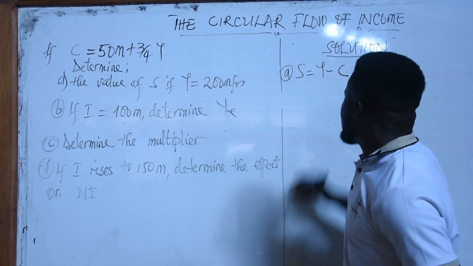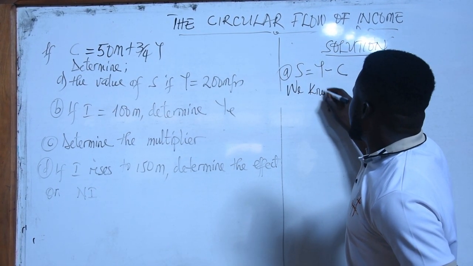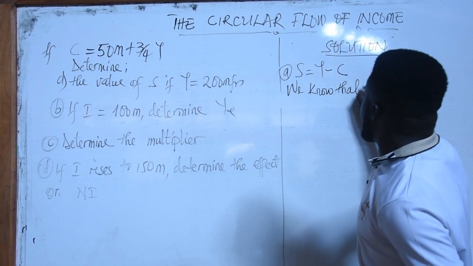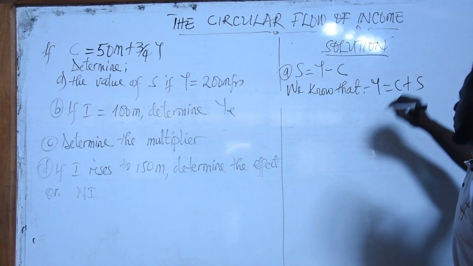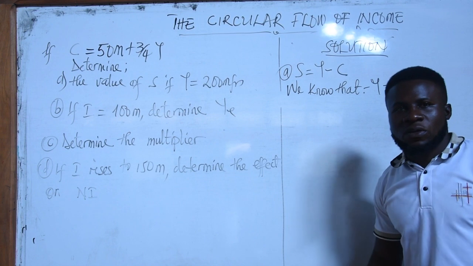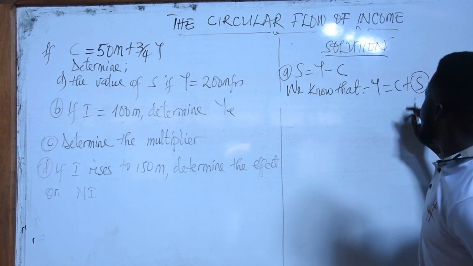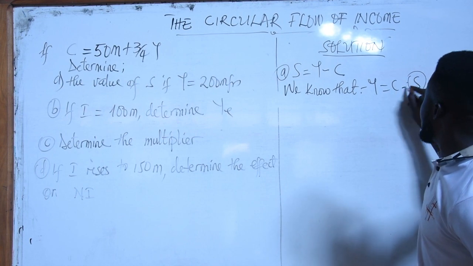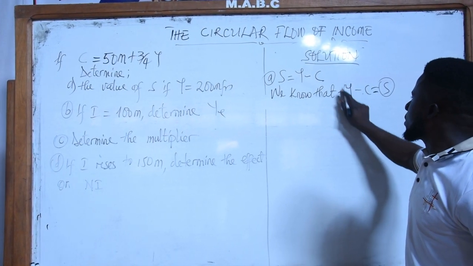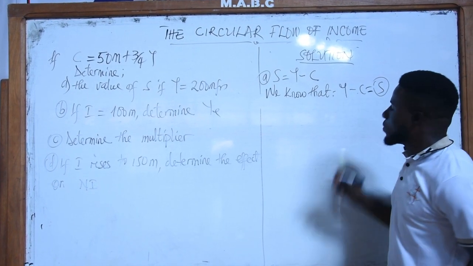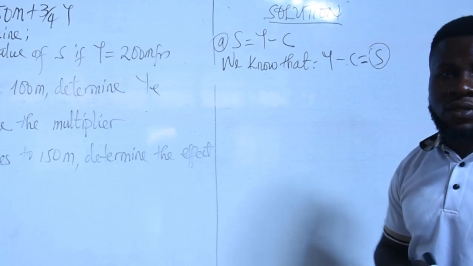Because we know that Y is equal to C plus S. Your income is equal to consumption plus savings. So in order to get savings alone, you can subtract consumption from your income, and it is going to give you your savings. That is why I said S is equal to Y minus C.